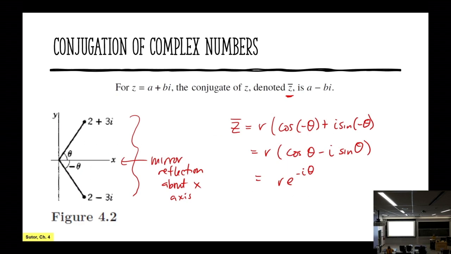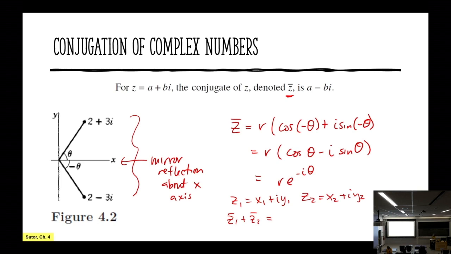So if I have two numbers, z1 equals x1 plus i times y1, and z2 equals x2 plus i times y2, then the sum of the conjugates, z bar 1 plus z bar 2, is just the sum of the conjugates.